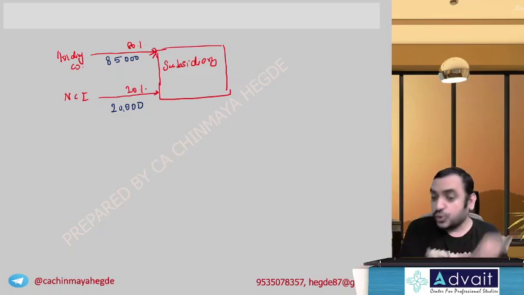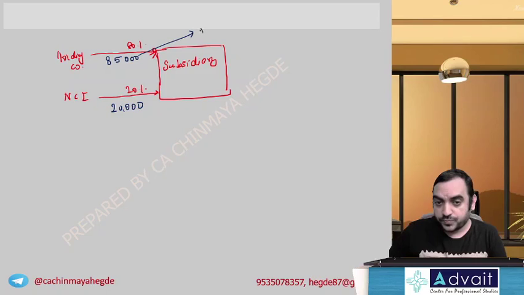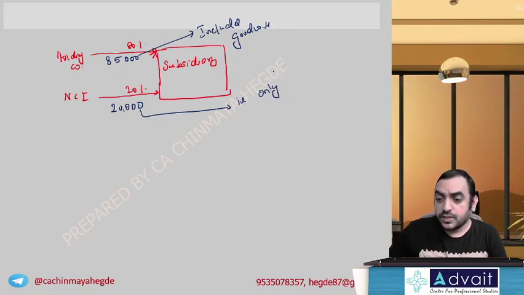Goodwill relating to the holding company. This includes goodwill. This 20,000 is only the fair value of assets and liabilities taken over. Fair value of net assets, and not goodwill.